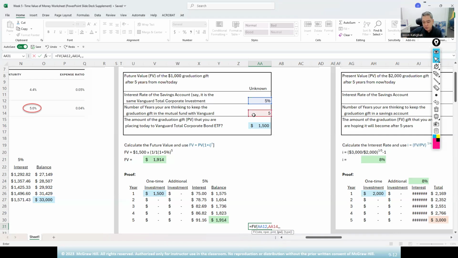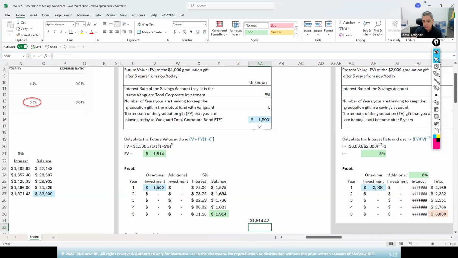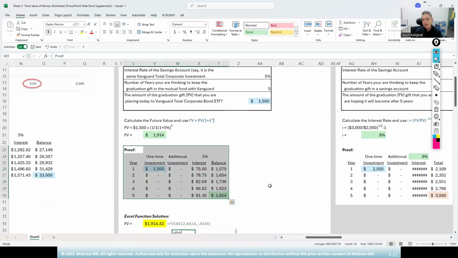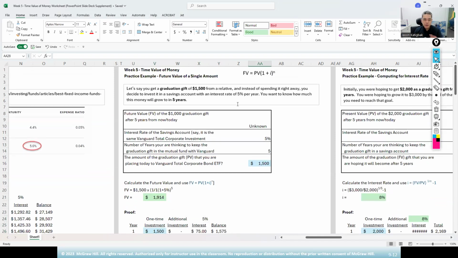The present value, I'll do minus, then the 1,500. I'll skip the type, close the bracket, enter, same amount. You just want to make sure that you can actually see it using the Excel function, and then manually typing in the equation, and then also by proofing it. Okay? So now we have finished both the future value and present value of a single amount.